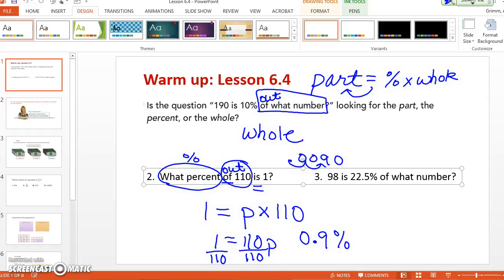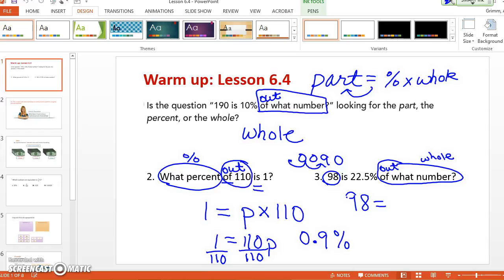All right, next one. 98 is 22.5% of what number? So again, if I add the word out of, I am looking for the whole. So now I'm going to plug it into my problem, and I've got 98. So 98 equals 22.5%. What do I have to change that to put it in my problem?